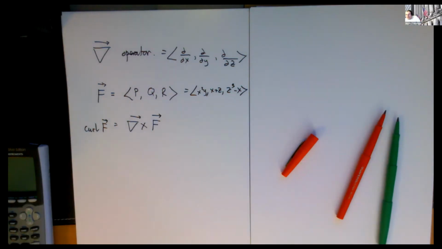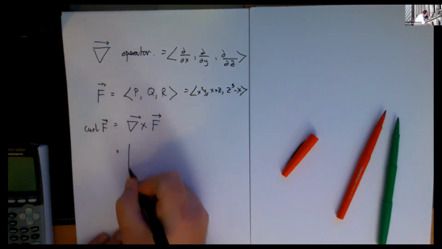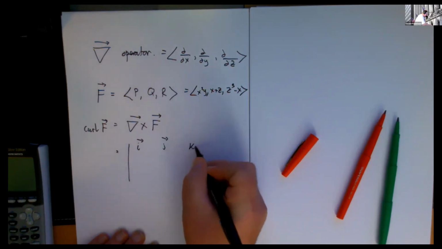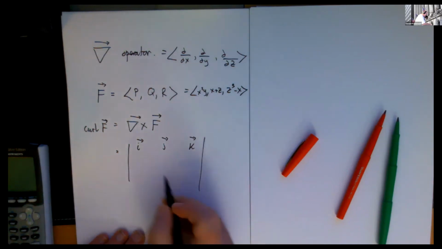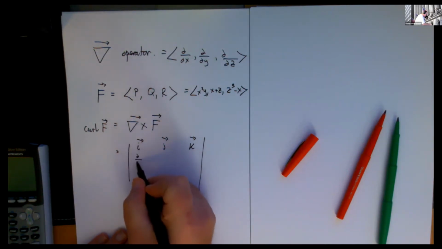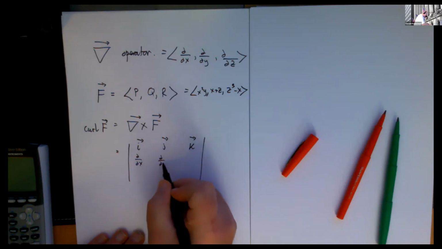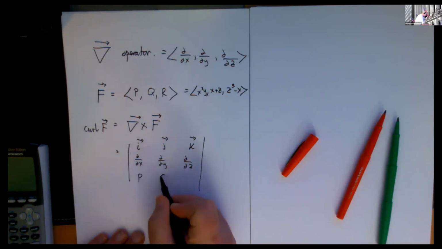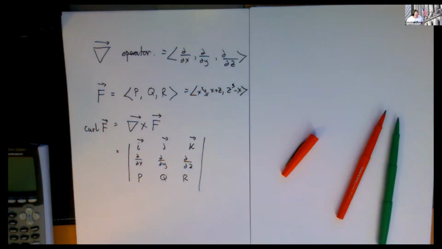It's the cross product of delta with F. Cross product of the operator with the vector field F. Now, I know how to do cross products. It's an i, it's a j, it's a k. Delta comes first, so the operator goes here. And F goes second, and it's made up of 3 components. So far, so good.